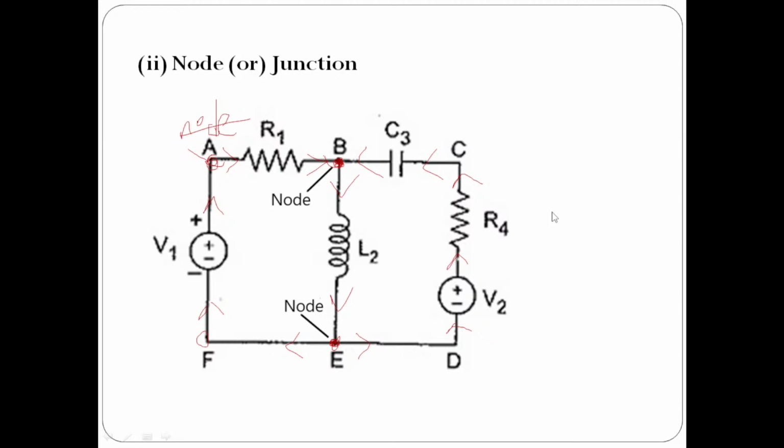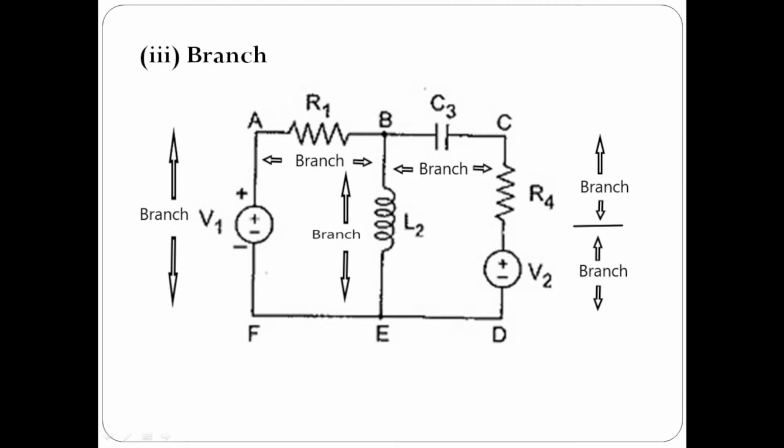Let us see what is meant by branch. Branches are the elements between the nodes. If two elements are meeting at a point, which you can call a node, then such elements are known as branches.